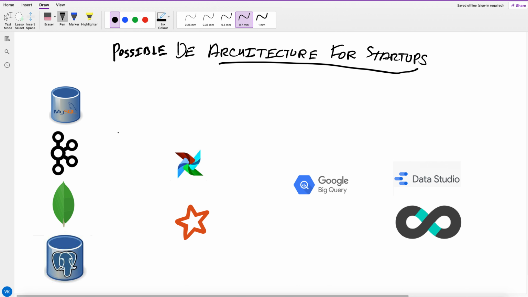Typically, the pattern that I've seen is that most startups start with either MySQL, Kafka, Mongo, or Postgres. So the majority of the sources remain the same. Obviously, some startups are not well funded, and some are just living in bootstrap mode. Obviously, a cash crunch is definitely there.